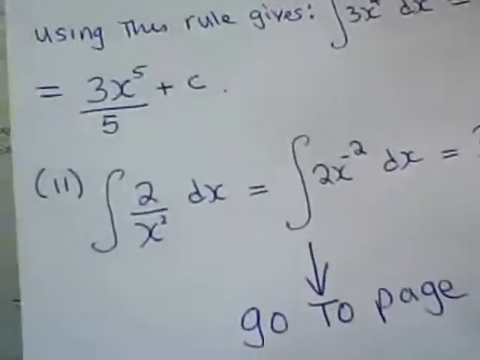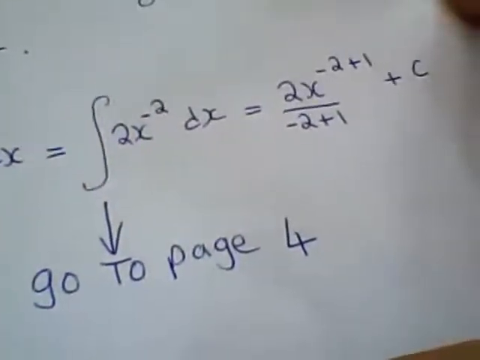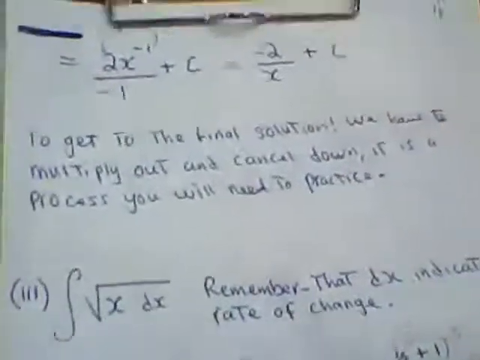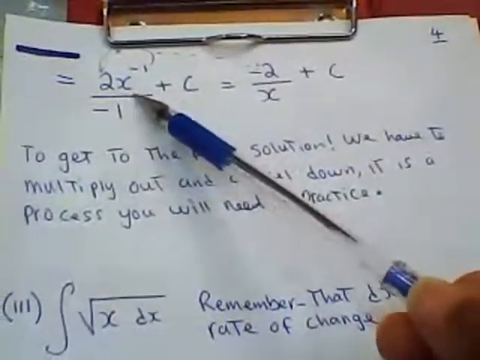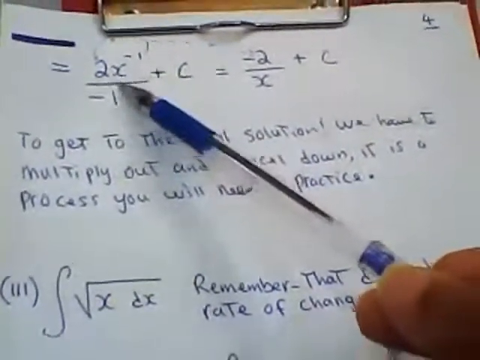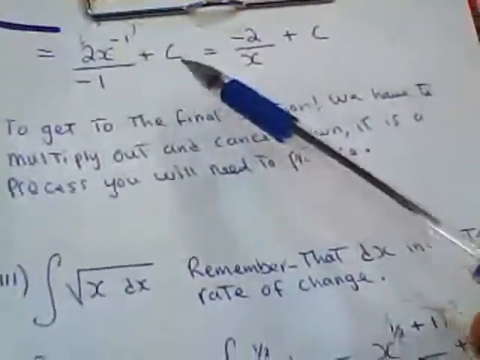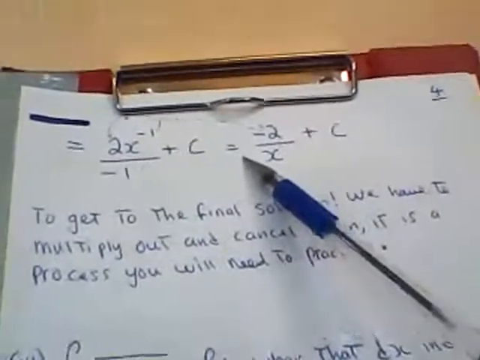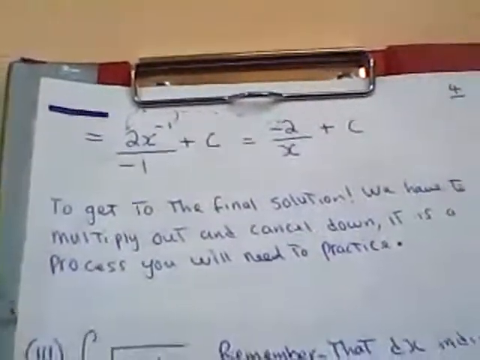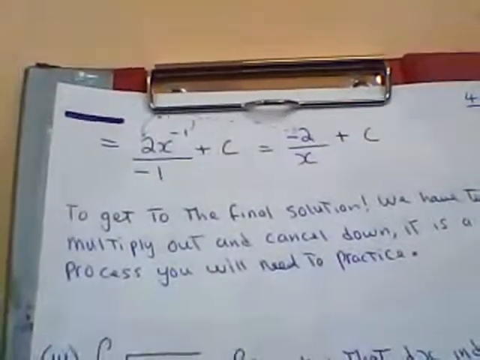And that -2 would then leave us -1 at this stage here as well. So we end up with 2x to the -1 over -1 plus c, which is your constant, which is equal to -2 over x plus c.